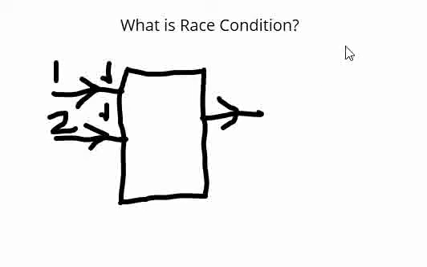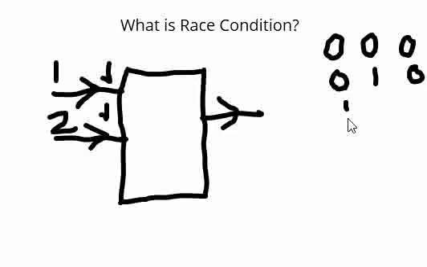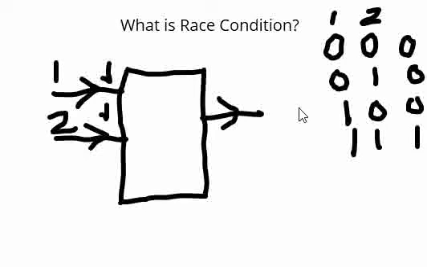In the AND gate, when you give 0 0, you get 0. When you give 0 1, you get 0. When you give 1 0 on inputs 1 and 2, we get 0, and when we give 1 and 1, we get 1, right? This is the condition in an AND gate. This is the truth table basically. This is the output.